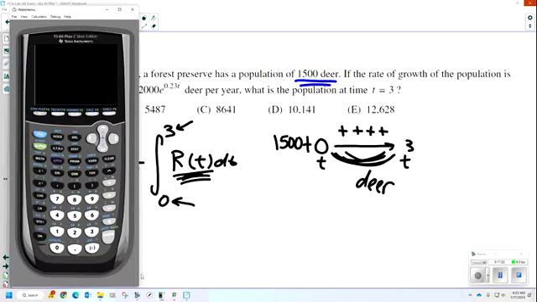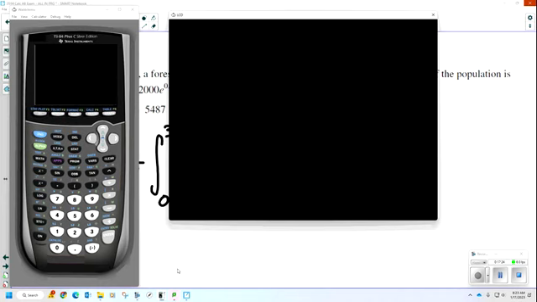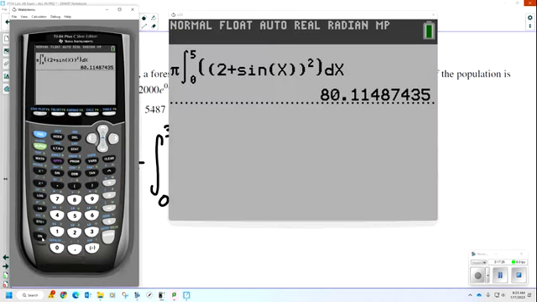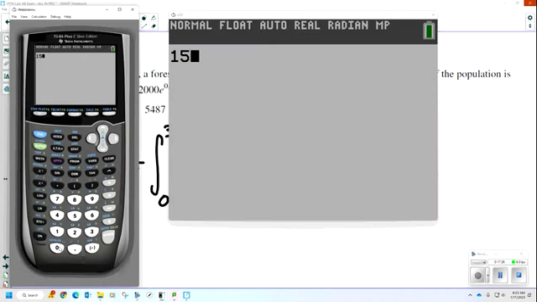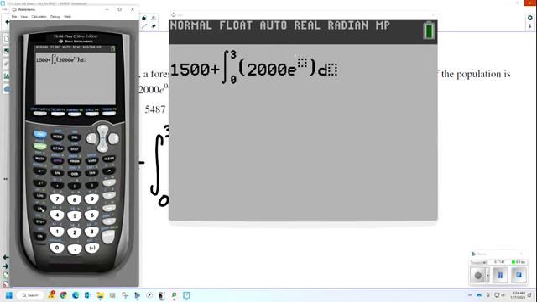All right, let's go. Let's put this in the calculator. Turn this on. Okay, get rid of this. We're going to take 1,500. We're going to add it to math 9 from 0 to 3 of our R of t. And that was 2,000 e raised to the 0.23 x dx.